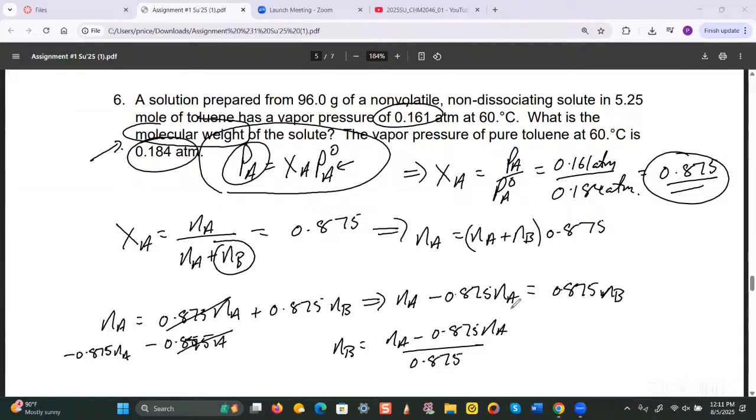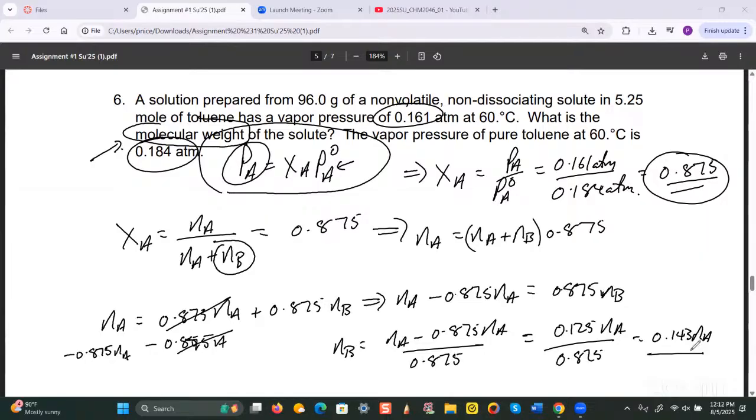So for the numerator part, it's going to be 1 minus 0.875, which works out to be equal to 0.125 Na divided by 0.875, which works out to be 0.143 Na. So we have the relationship between Nb and Na.